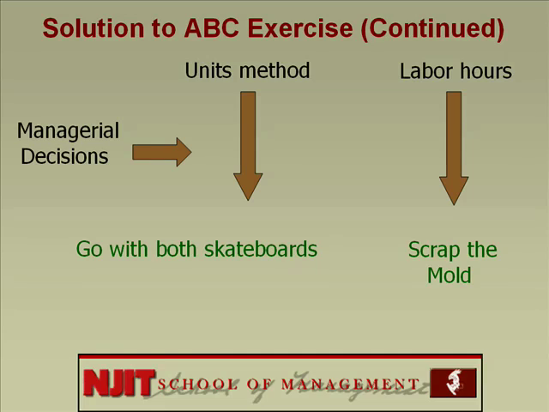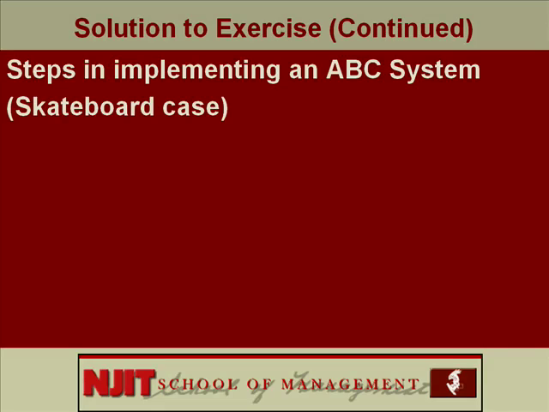Let's go to part B and look at ABC. Steps in implementing an ABC system. Let's talk about the skateboard case. Step 1. Analyze the activities. We already did that, haven't we?